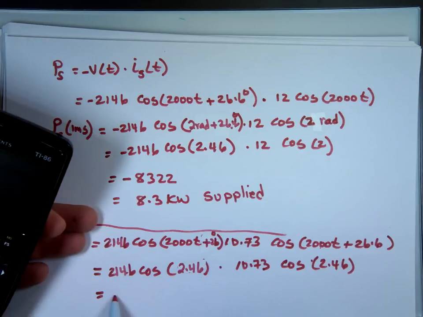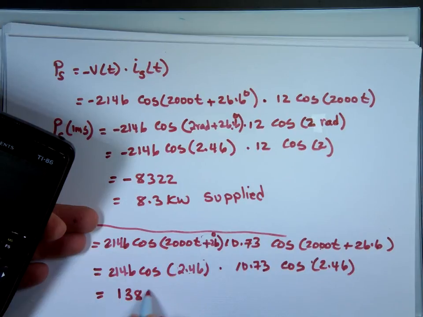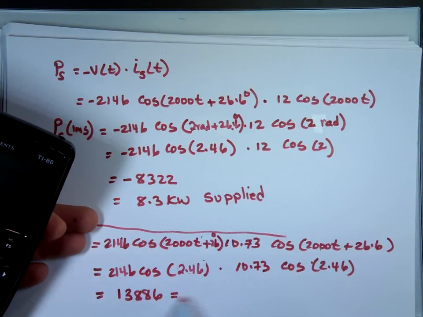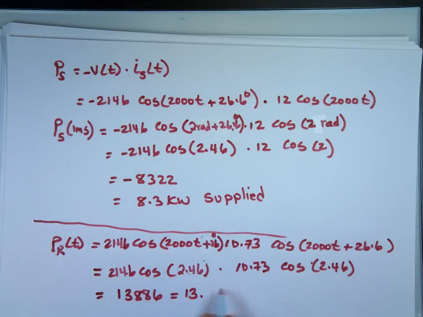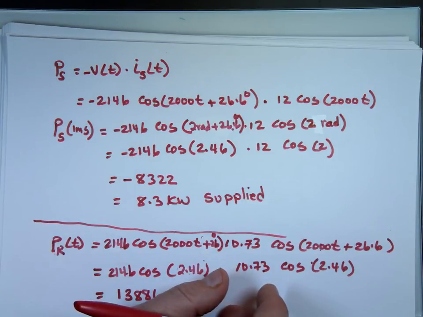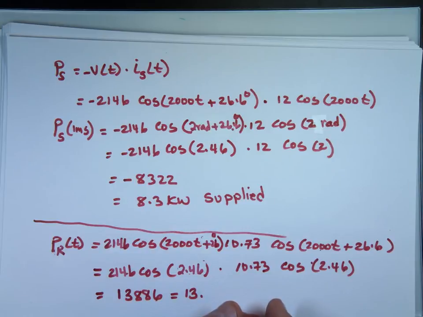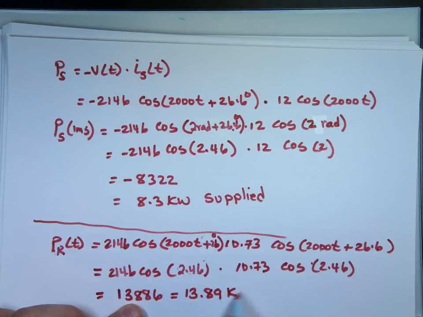I got 13886, which is 13.9 or 13.8. I got 89 kilowatts. They have 98 instead of 89. Could be rounding errors.